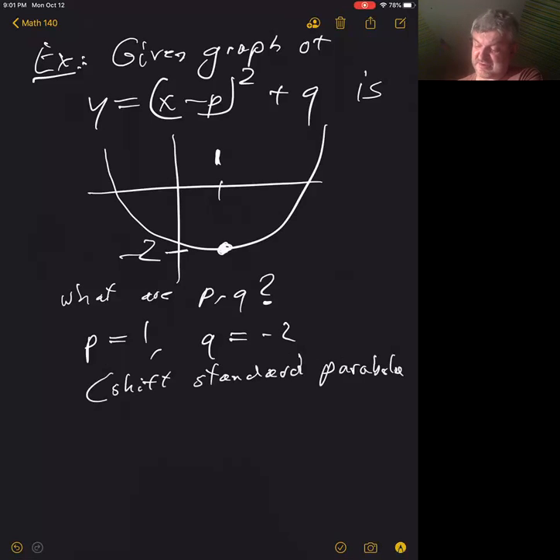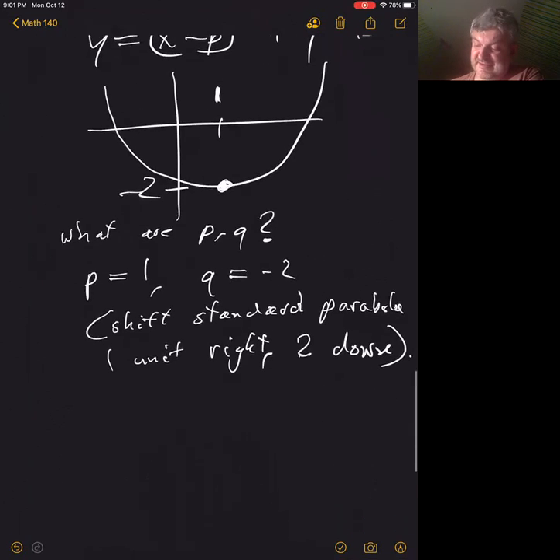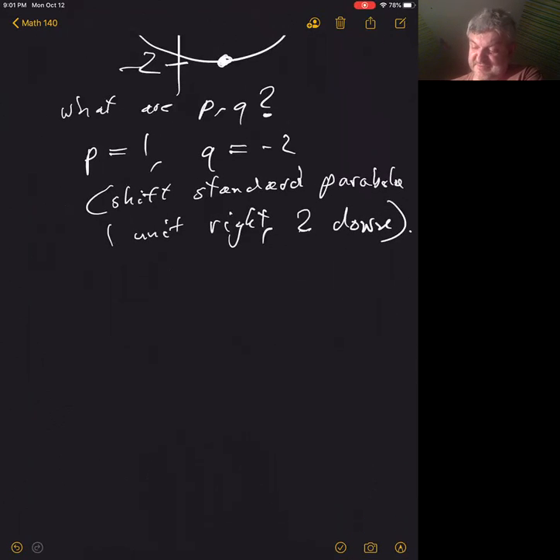Standard parabola, 1 unit right, 2 down. Because it said -2, I have to shift 2 units down. And then, like last example, I can change that up a little bit.